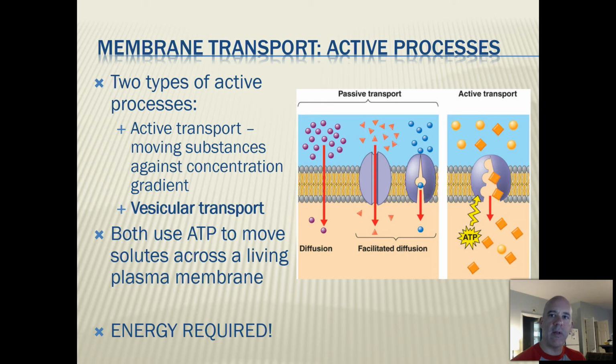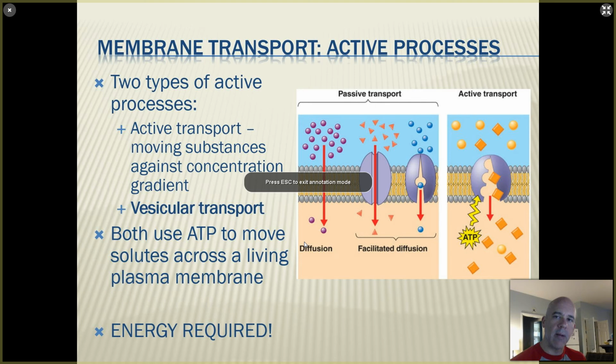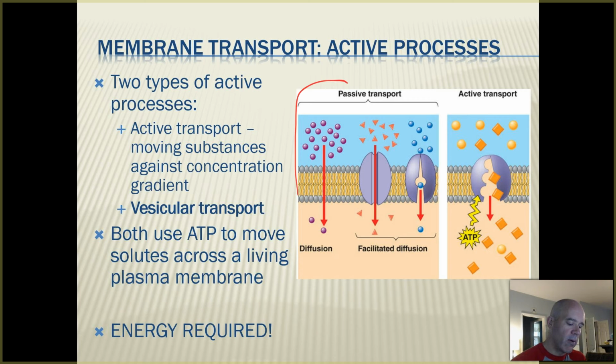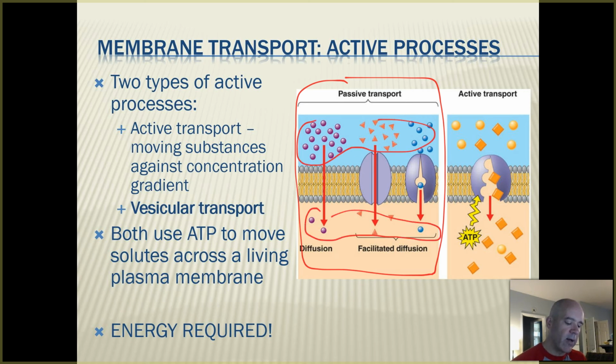Okay, so I mentioned on the last video clip that the methods we talked about for transporting things were passive processes because no energy input was required. And as you see here on this side of our diagram, those solutes are moving from where they're more concentrated out here to where they're less concentrated inside the cell.